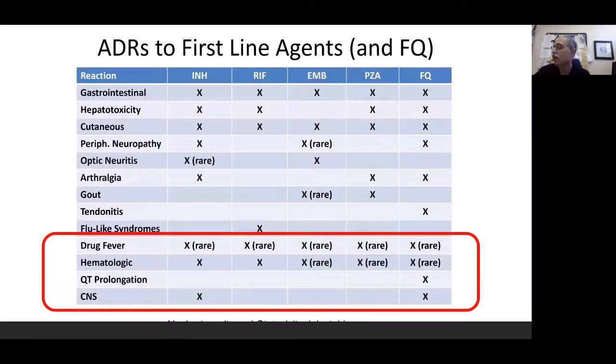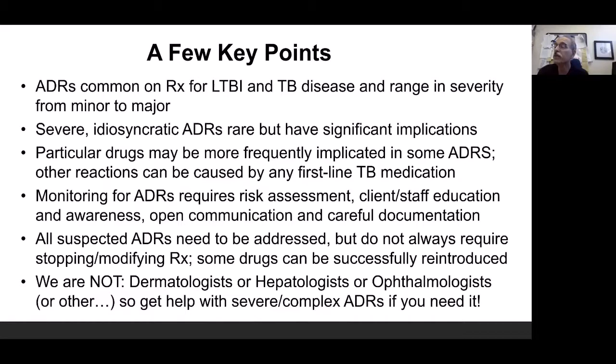So here are a few key points. Adverse drug reactions are common on treatment for both latent TB and TB disease and can range from minor to major. Severe idiosyncratic reactions are rare but can have significant implications for treatment. Particular drugs may more frequently be implicated than others for specific types of reactions, but others can be caused by any of the first-line drugs.